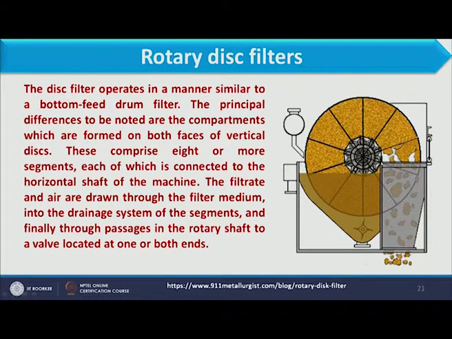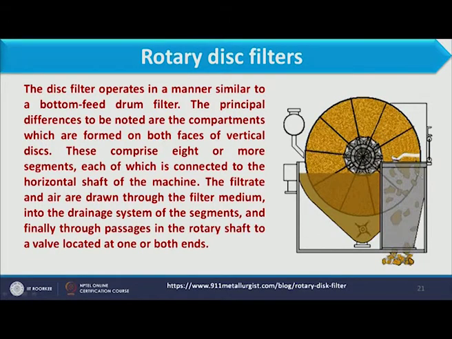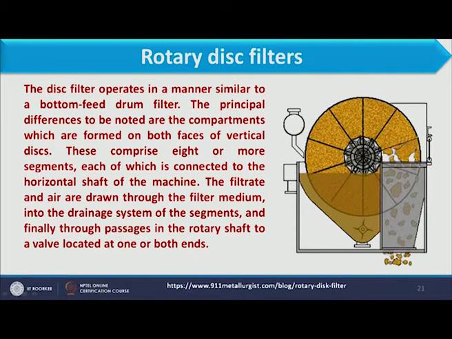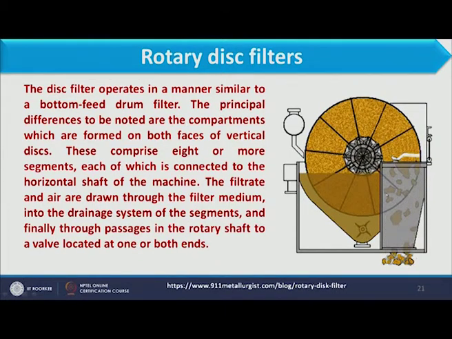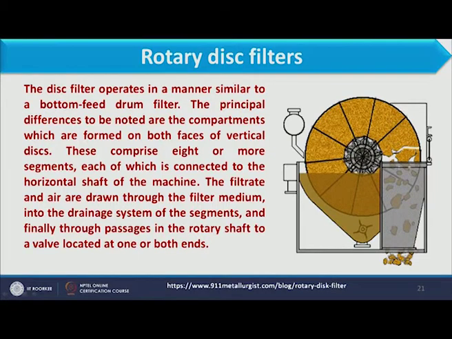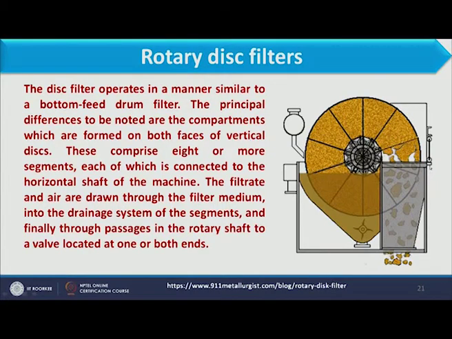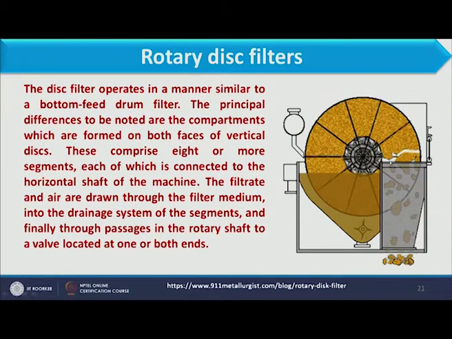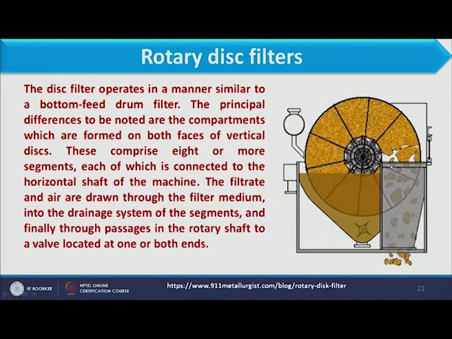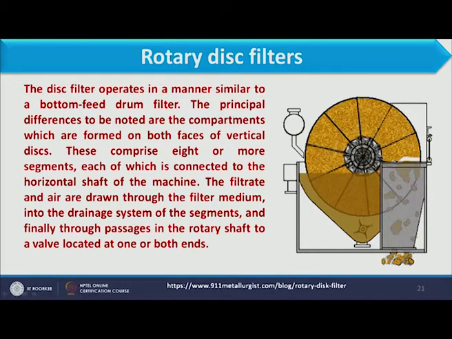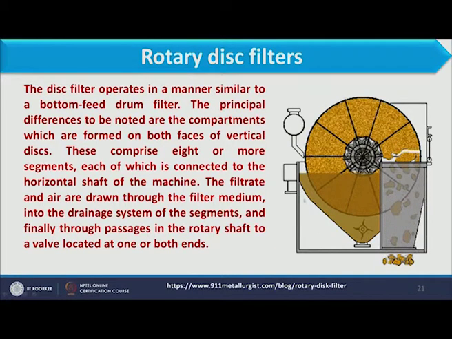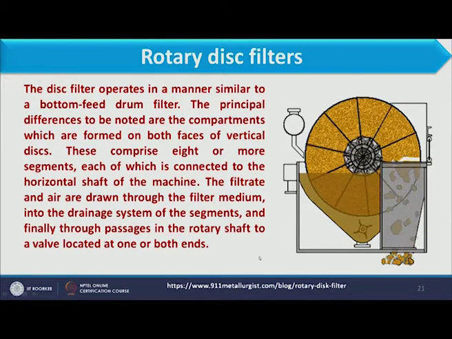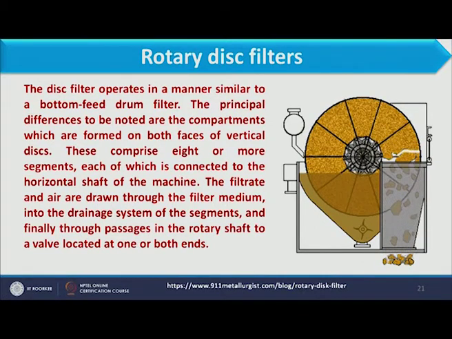Now at the end, in the rotary drum the knife is along the length, but in the disc the knife is along the radius. So this knife continuously removes the cake formed on both sides of the disc. This is the basic principle of the rotary disc filter.